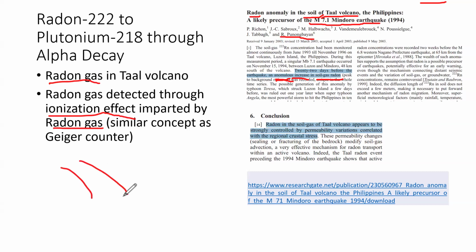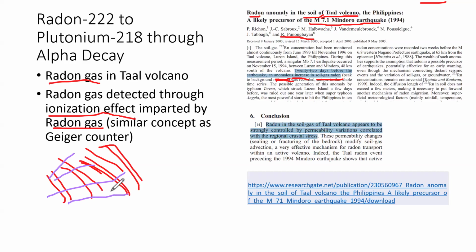Radioactive materials involve a release of energy, and this kind of energy can interact with or ionize gases, imparting some electric charge to them.